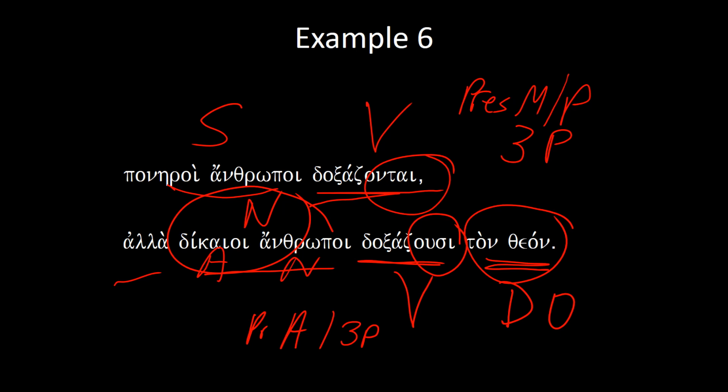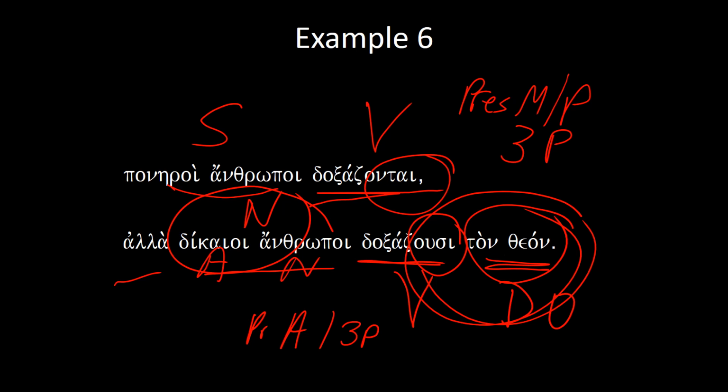I think, honestly, either one could work. If you stick with the parallel elements where you have a direct object, then maybe taking it as a middle where it's glorifying themselves, you have that kind of built-in direct object idea. Maybe that would work.